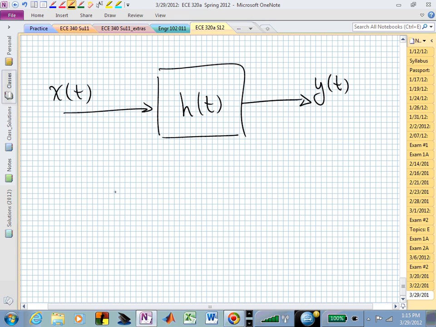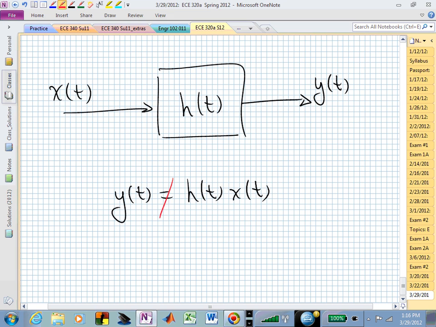But you better not do this. That's not true, is it? That's one of those circles with a slash through it. That's a no-no. This is not how the input in the time domain and the impulse response function are related. They are not simply multiplied.